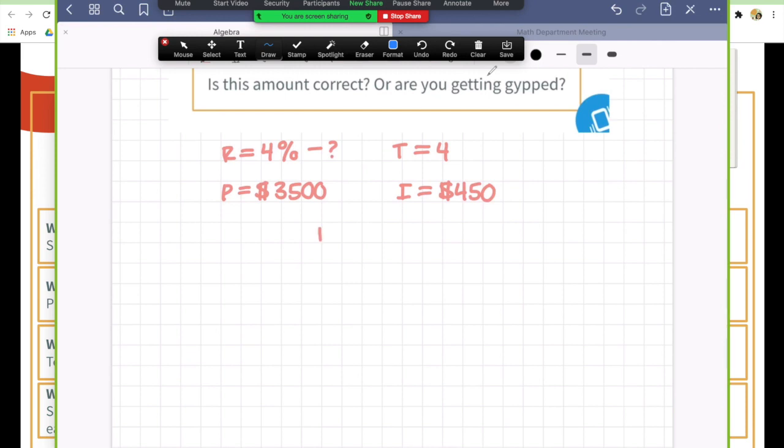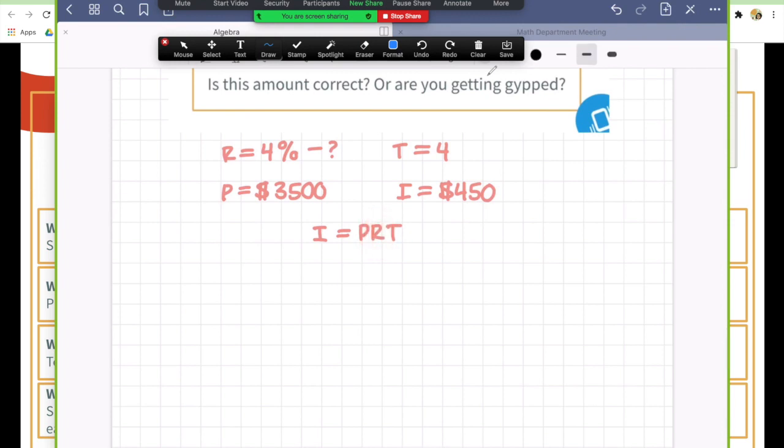So our formula is I = PRT. And let's say that I want to focus on my R. So what formula would it be if I wanted to change my formula focusing on my R, isolating my R out instead?